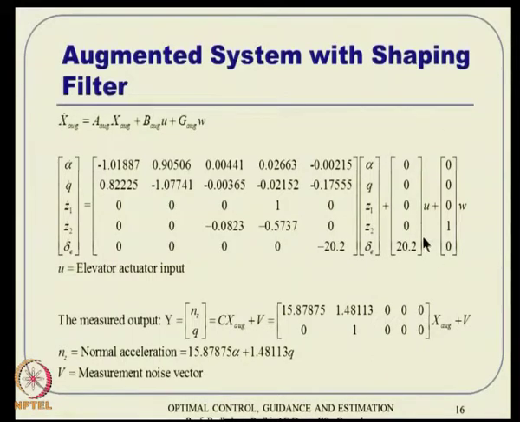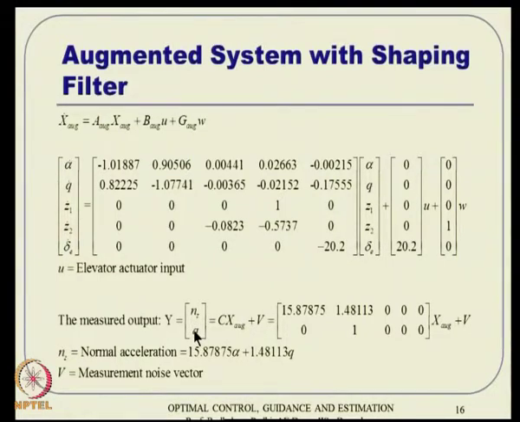Alright, now what are the measured outputs in this particular case? We are assuming that our aircraft is equipped with sufficient sensors in measuring 2 quantities only, and these 2 quantities are nothing but normal acceleration and pitch rate. This accelerometer will give us normal acceleration, and the pitch rate will be given from the gyroscope.